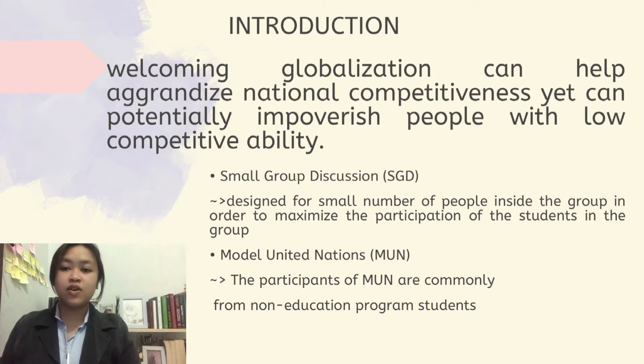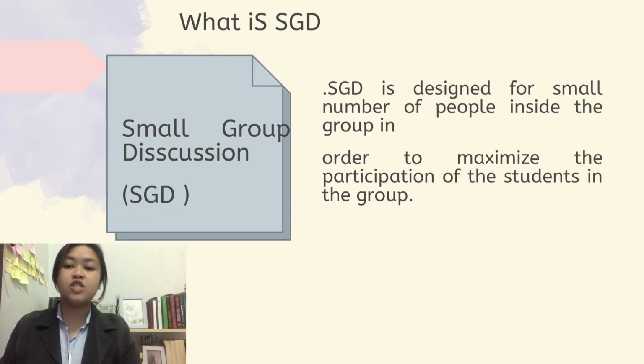This learning theory suggests that learning happens through interactions between subject and object. On the other hand, another teaching method, which is evidently able to scaffold the principle of student-centered learning, is small group discussions or SGD.